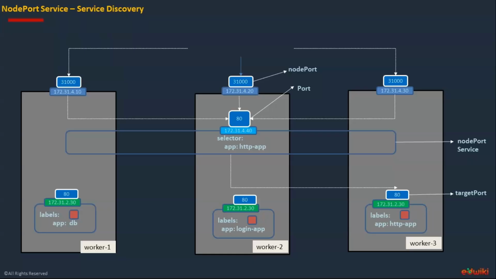Why are we doing all these things? Because when I have three worker nodes, your application may run in one worker node or the second or the third. Tell me, guys, whoever is accessing my website from the internet browser, do they really care which worker node your app is running in?